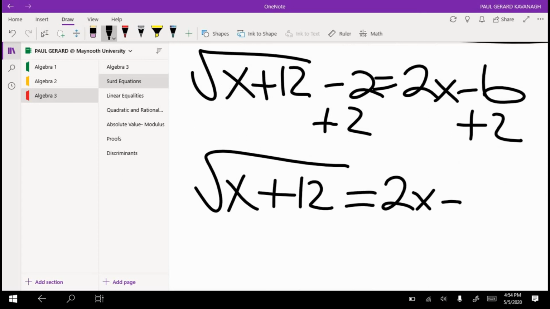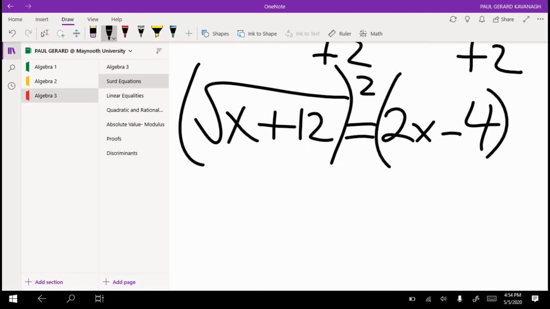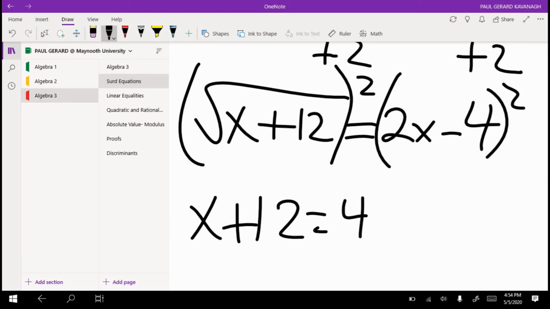Now you will get the surd of x plus 12 is equal to 2x minus 4. As per the rules, you square both sides. So what you're going to get now is x plus 12 is equal to, if I just do this quickly, 4x squared minus 16x plus 16.